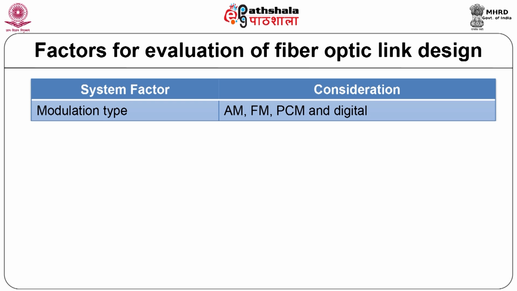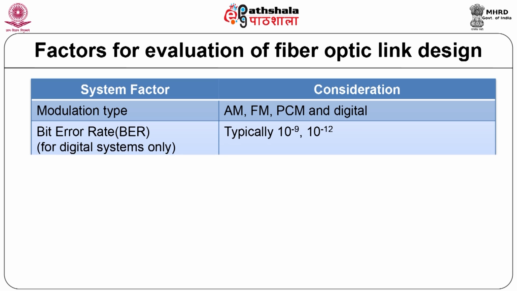Modulation type, that is whether the modulation to be used is amplitude modulation, frequency modulation, pulse code modulation or digital modulation. Bit error rate, that is BER, is generally applicable for digital systems only. Typically their values are 10 raised to minus 9 or 10 raised to minus 12.